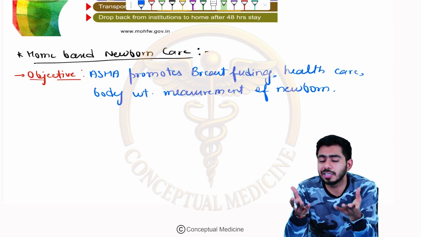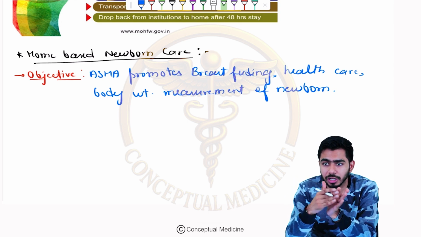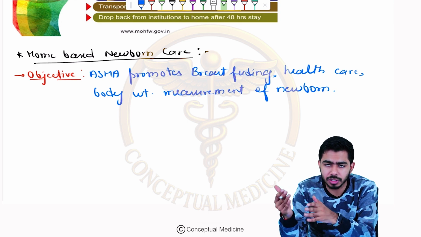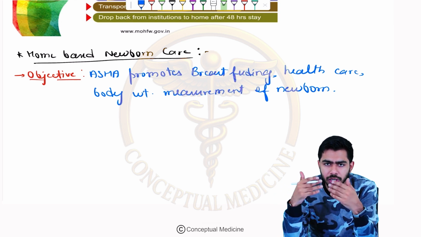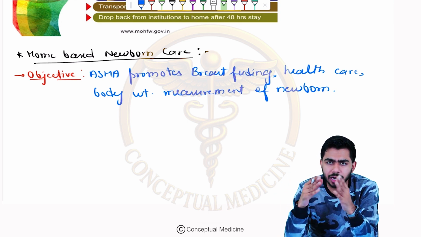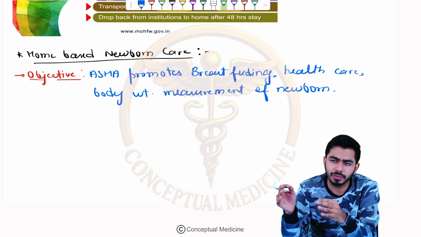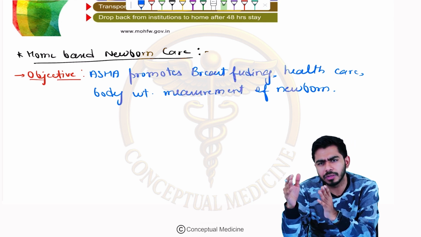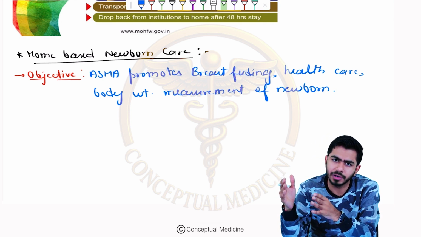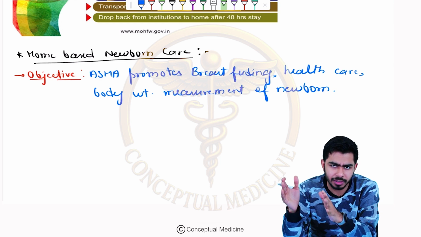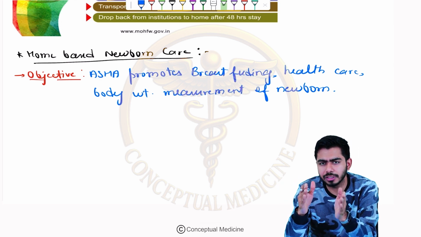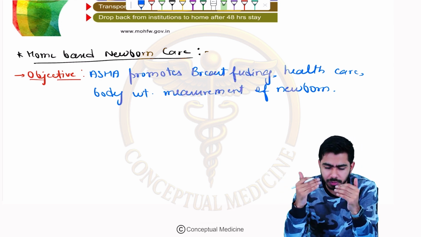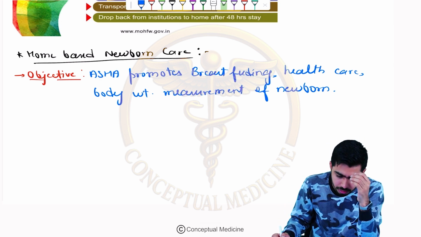Now, why is the ASHA getting the incentive over here? Because ASHA gave the visits, ASHA promoted the breastfeeding, ASHA was checking the body weight and all, and due to the visits of the ASHA the child has survived till 42 days. So probably this infant will survive in the later period as well, because now the child is probably out of the danger zone. That's why the ASHA will be getting the incentive.